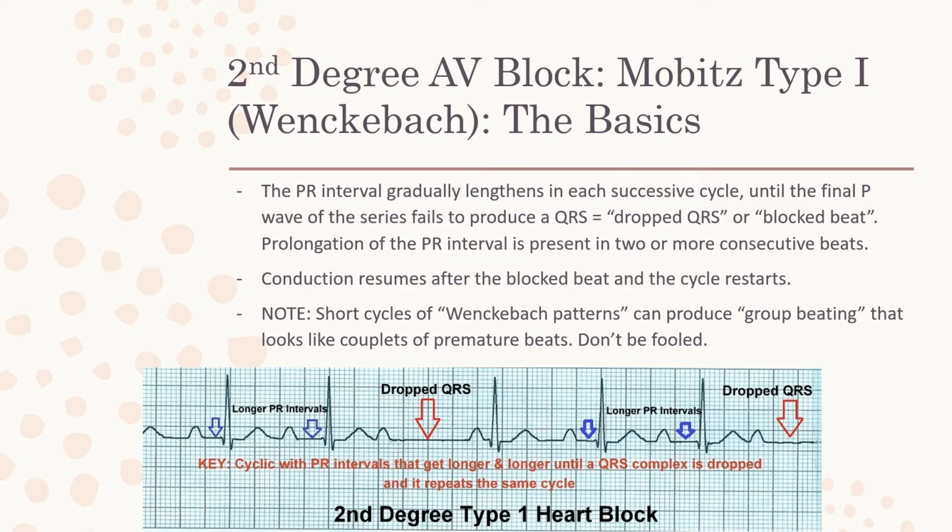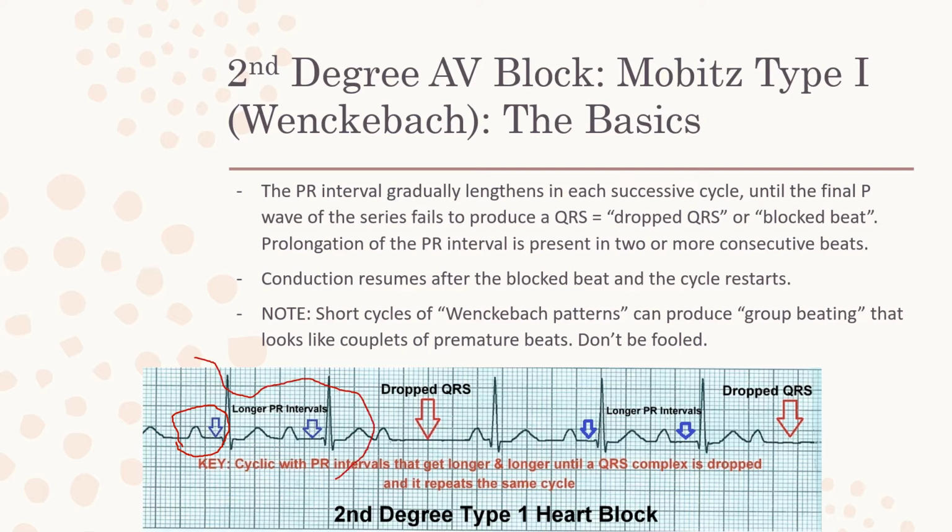So that's about 0.24, maybe a little bit larger. Then when you come over to this next PR interval, it gets a little bit longer. The PR interval there is about 1, 2, 3, 4, 5, 6, 7 blocks. So that PR interval has progressively lengthened.